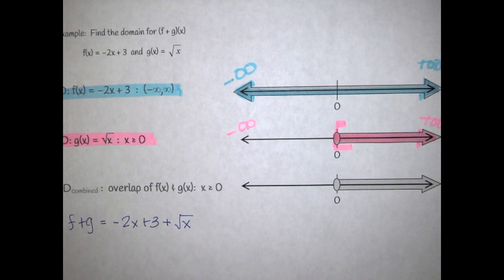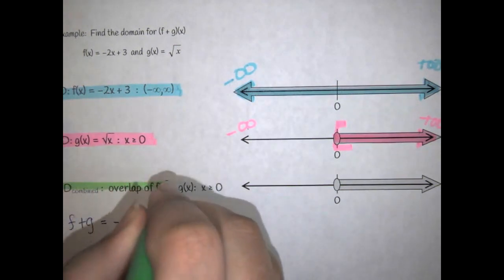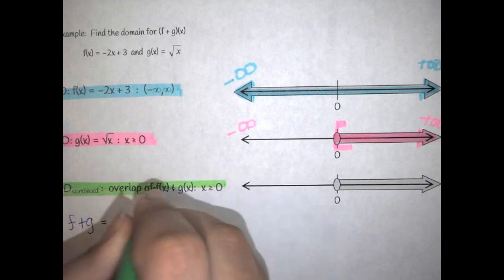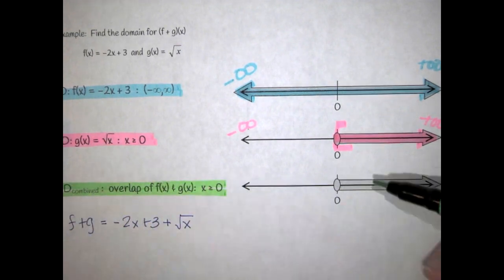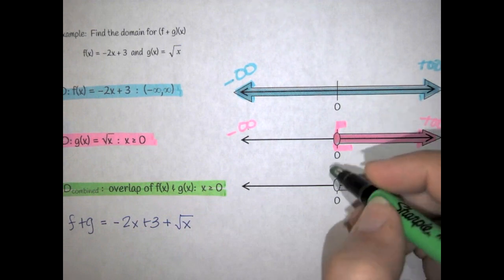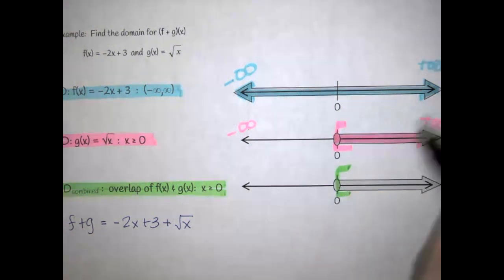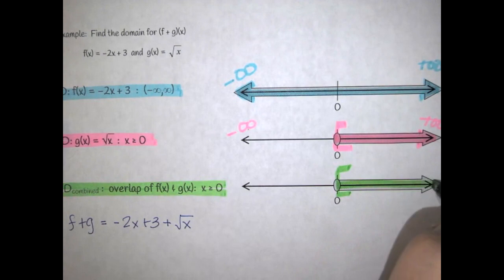But furthermore, the combined is going to be the overlap of my two functions. Okay? So the combined is going to be the overlap of f and g. So we are going to look at f and g here, and we are going to look at where we're the same. And we are the same at all points greater than 0. So this ends up being the parts that's shaded.